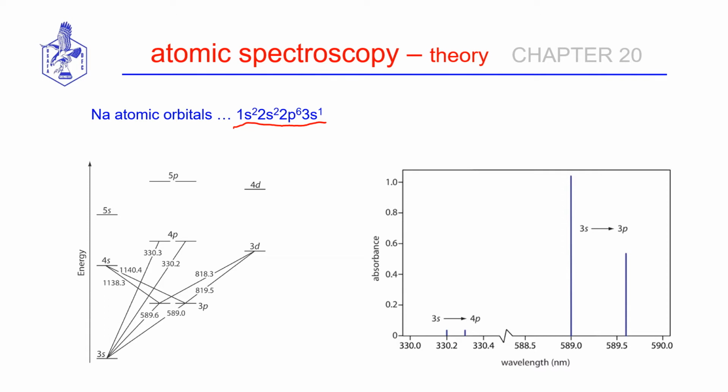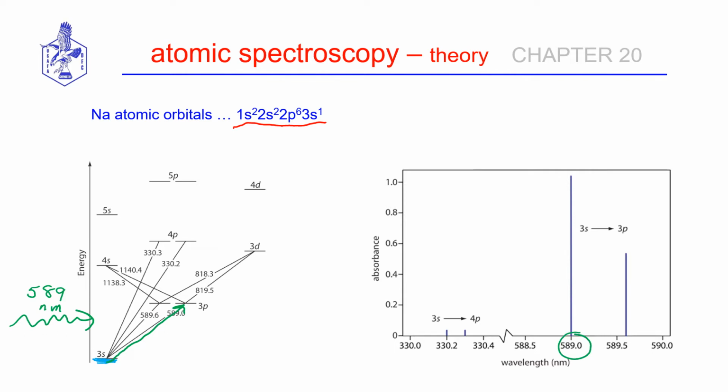So here sits the energy of the electron in the 3s atomic orbital. That is the ground state configuration. But if we hit the sodium atom with light of the correct wavelength, such as that at 589 nanometers, we excite that electron to a higher energy orbital, such as a p orbital, and so we get the absorption of radiation at that particular wavelength.